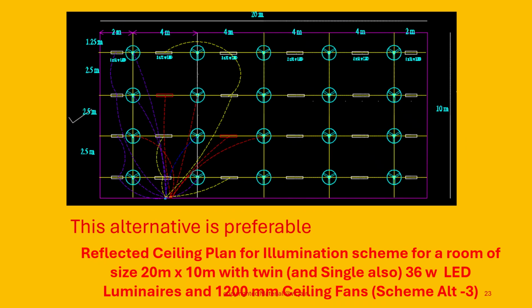Friends, now I am discussing alternative scheme 3 of the reflected ceiling plan. In this scheme, I've taken half x, full x, full x, full x, full x, and half x.